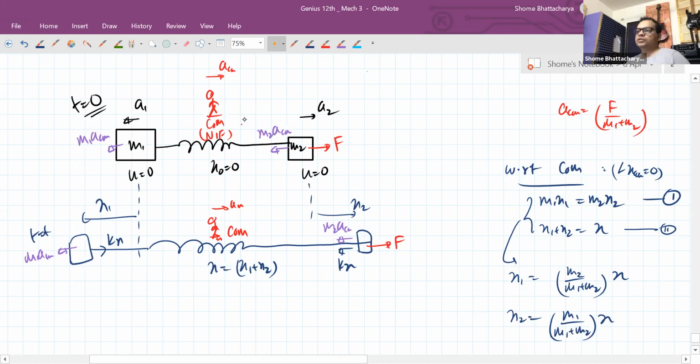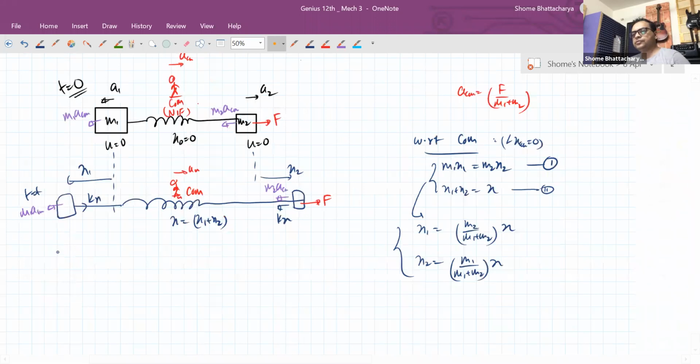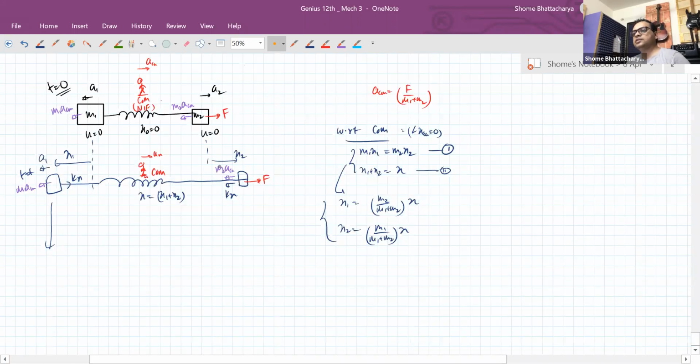So these two equations we are going to make use of. Okay. Now from the free body diagram of each of these blocks, how we can get the SHM condition, let's see that next. So from this one's FBD, we can see that if I say it's having an acceleration in this direction, this one is having an acceleration in this direction at time t.